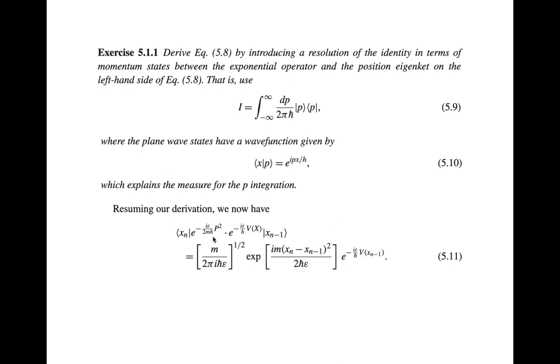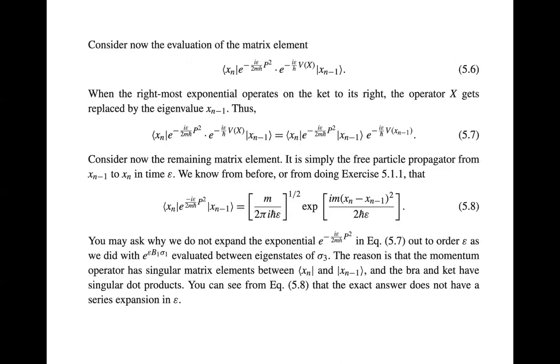So then the problem becomes evaluating the matrix element between the position and the momentum. After doing some integration over the momentum, this object becomes this thing. Is that clear?